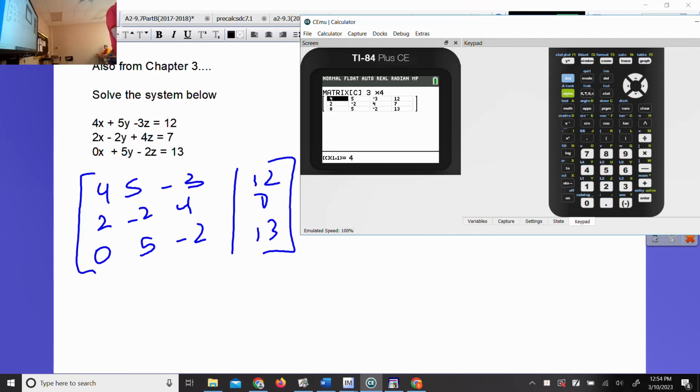Second, matrix, edit, enter, 3, enter, 4, enter.